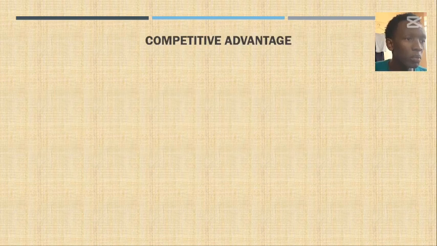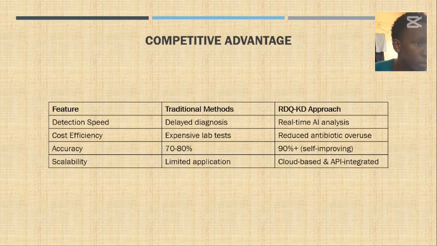Going to the competitive advantage, we have detection speed. The traditional methods that some people are still using give delayed diagnosis, whereas this approach brings real-time AI analysis. On cost efficiency, traditional methods involve expensive lab tests with a lot of costs incurred, but with this approach there is reduced antibiotics overuse.